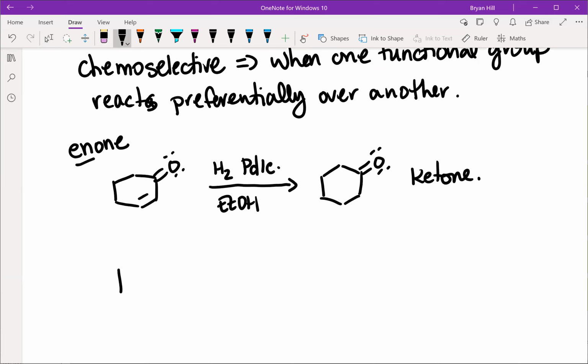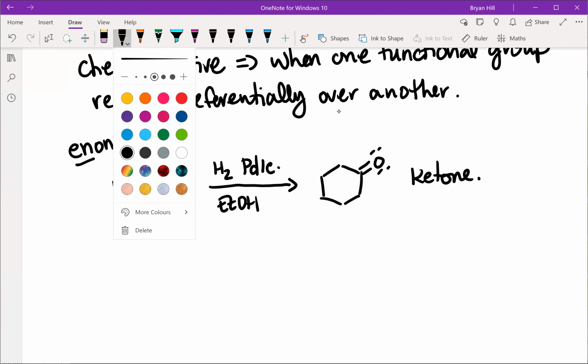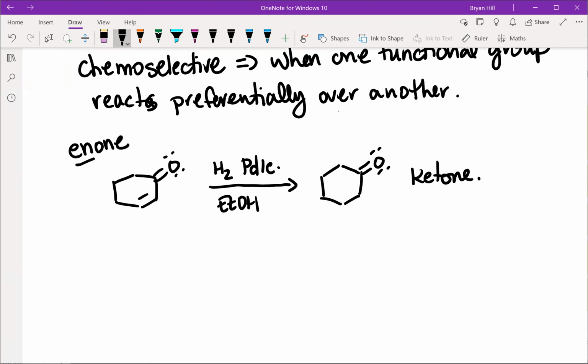Some other examples would be this. So how would you stop the reaction before the ketone gets reduced? Okay, so there's ways of doing that. Whenever you do a reaction, there are some reactions that need to be, what I would call babysat.